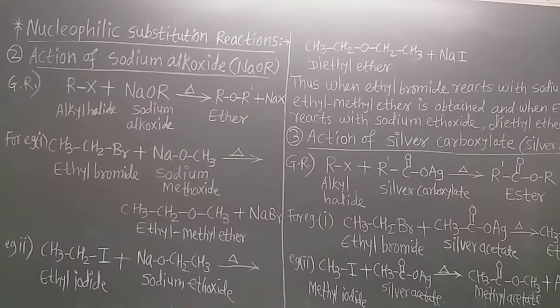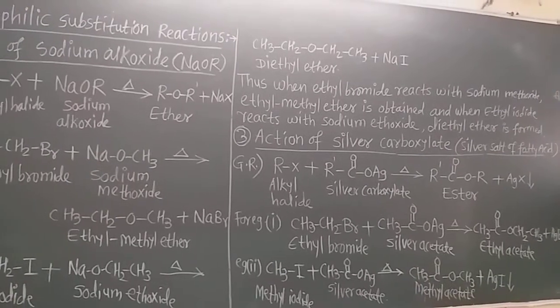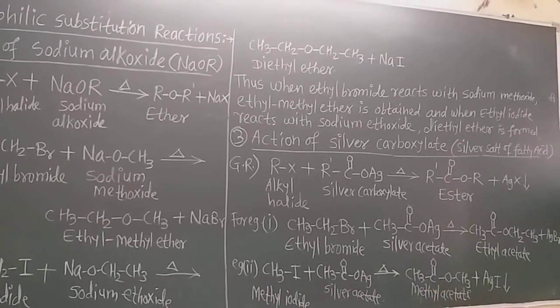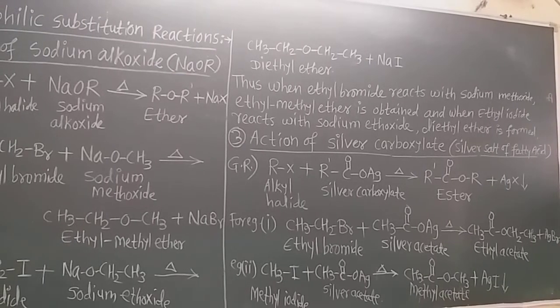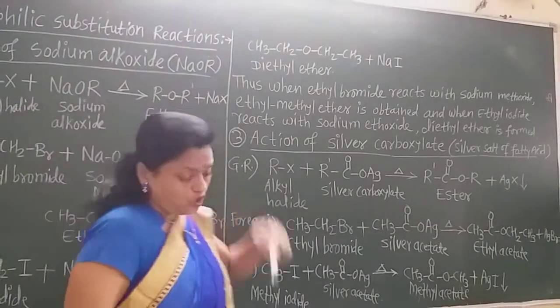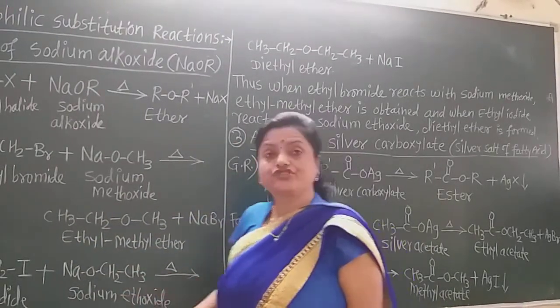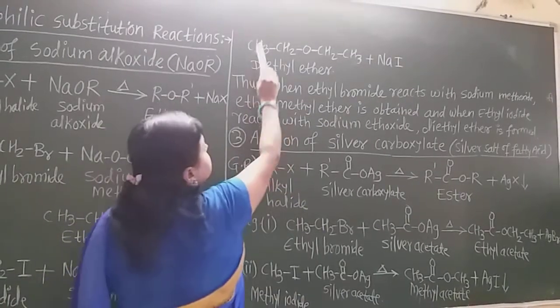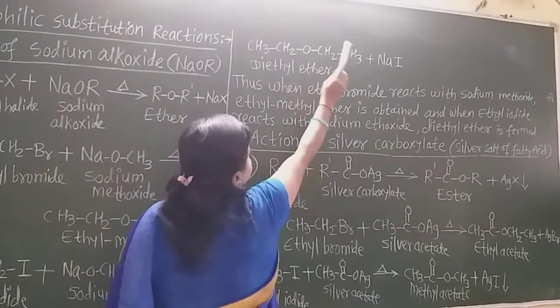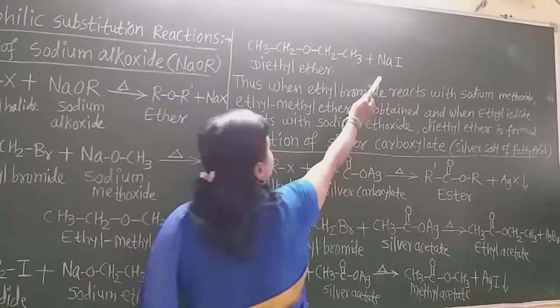Now see on the blackboard, there is formation of diethyl ether. How is diethyl ether obtained? The product of this reaction: ethyl iodide reacts with sodium ethoxide, and the iodide ion is replaced by the OCH2CH3 group. So there is CH3CH2OCH2CH3, diethyl ether, and sodium iodide is also formed here.